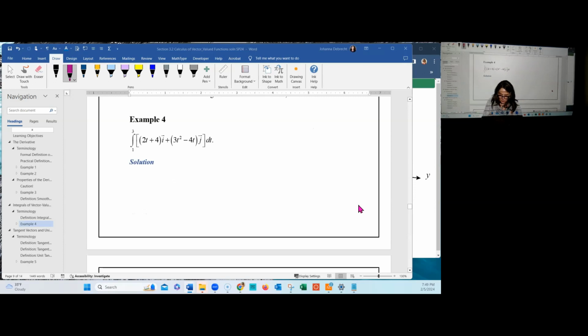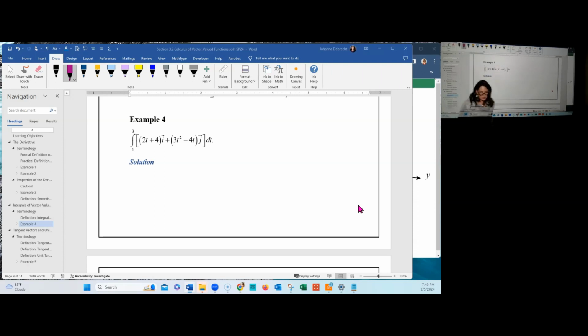In example 4, what we want to do is evaluate a definite integral from t equals 1 to t equals 3. We have a vector valued function indicated by the presence of the standard unit vectors i hat and j hat. So this is in two-dimensional space, or the plane.